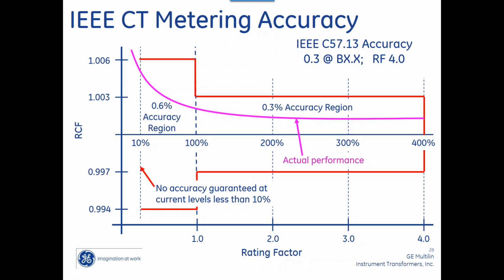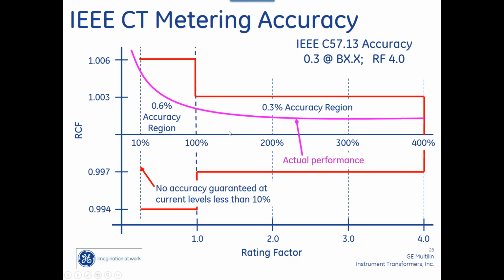The reality is, here's what your actual performance is. As I get close to that 100%, I'm actually getting very close to being in the range. And you can see even the 3% is much more accurate than what the standards require.